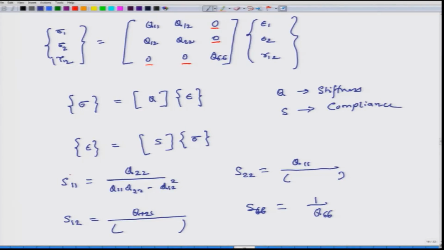So, if I have to compute Q's from engineering constants, I can now use these relations to compute Q's as well.